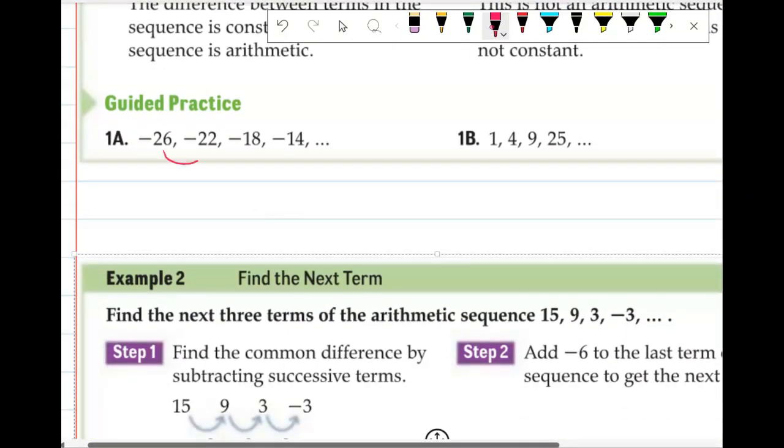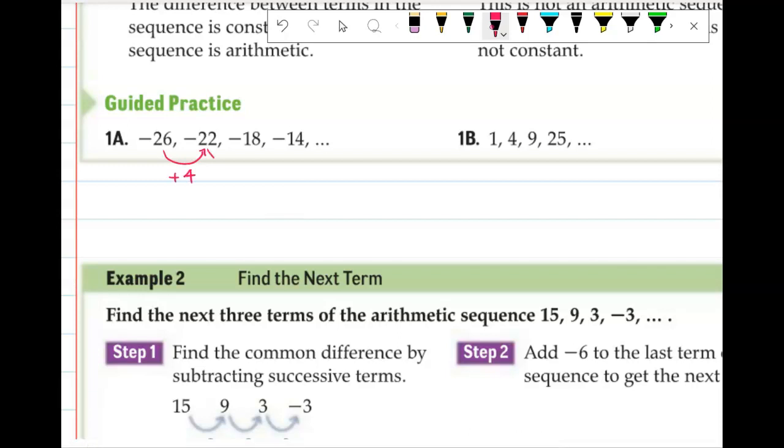On 1A, we add 4 to get from -26 to -22. We add 4 again. We add 4. So given this series of numbers, we would say yes, it is an arithmetic sequence.